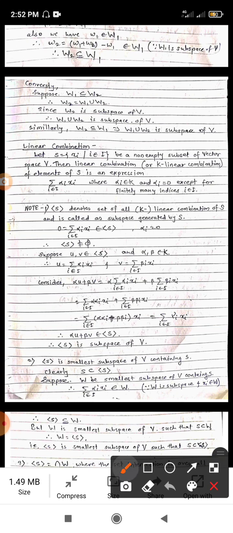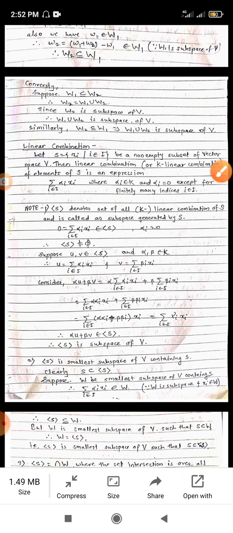So see the example: let S equals the set of xi, i belongs to an index set, be a non-empty subset of vector space V. Then a linear combination of elements of S, which is alpha 1 x1 plus alpha 2 x2 plus alpha 3 x3 plus alpha 4 x4 and so on, that is the summation of alpha i xi, where alpha i belongs to K and alpha i equals 0 except for finitely many indices. This linear combination forms a subspace of the corresponding vector space V.